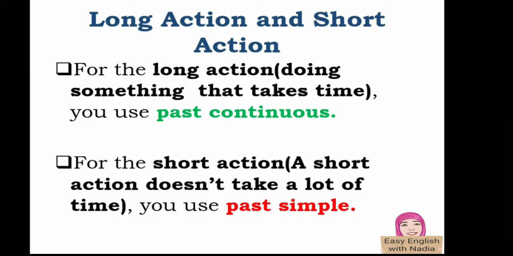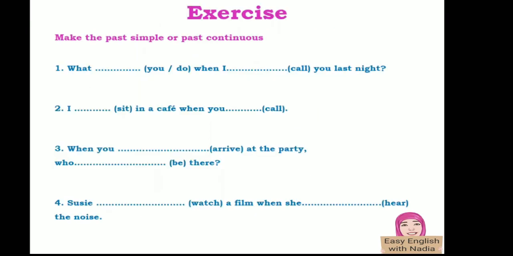For short actions, past simple. Remember. Now, let's do this exercise. Make the past simple or the past continuous. Remember before you do this exercise that for long actions we use the past continuous, and for short actions we use what? The past simple.